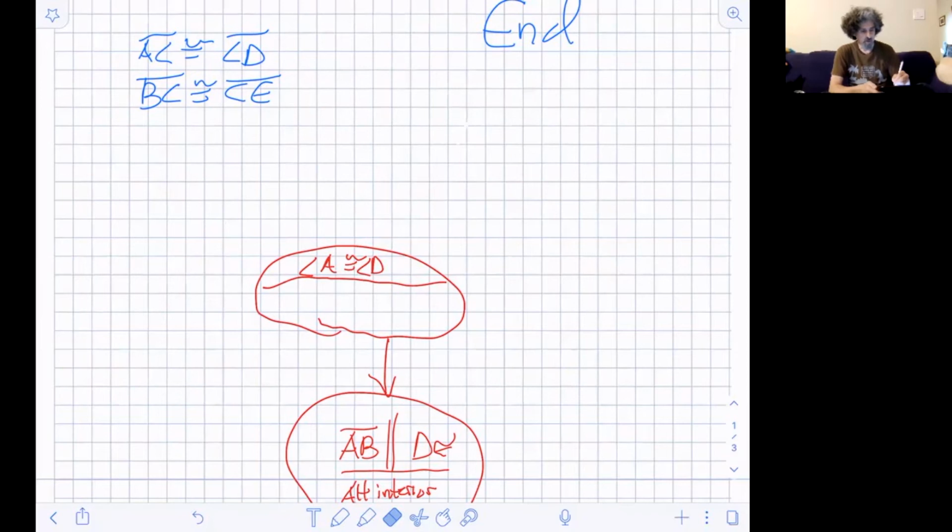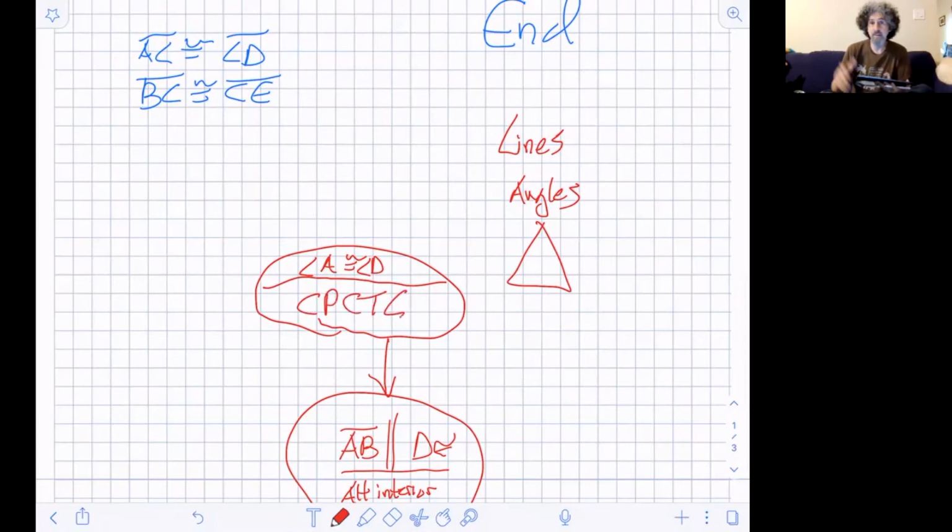Whenever you need to show lines or angles congruent, show that they're part of congruent triangles. In other words, that horrible CPCTC mouthful: corresponding parts of congruent triangles are congruent. So it boils down to show that we've got a pair of congruent triangles.